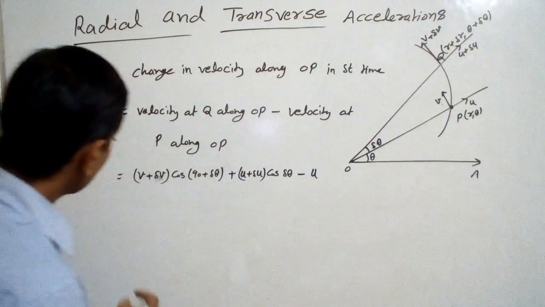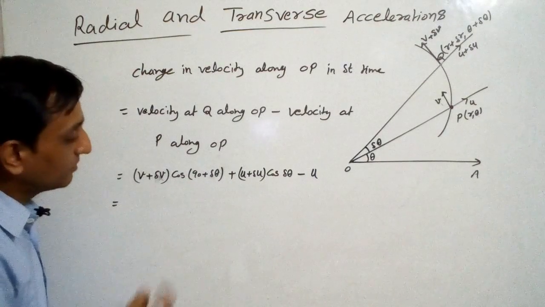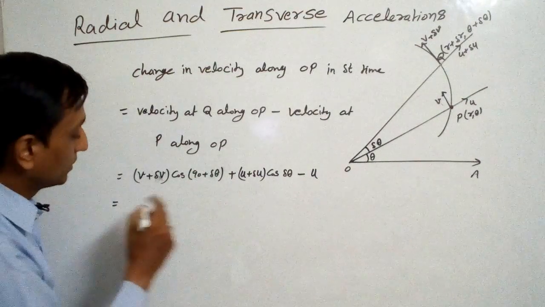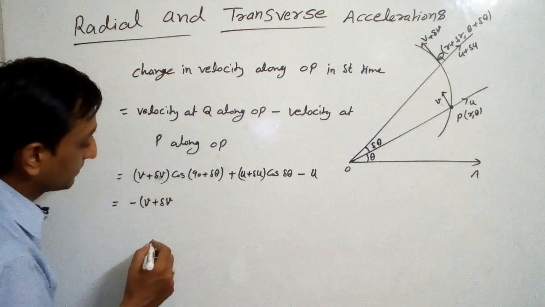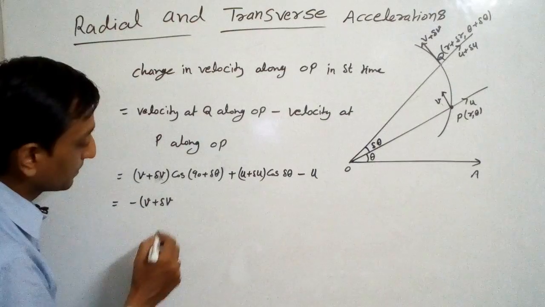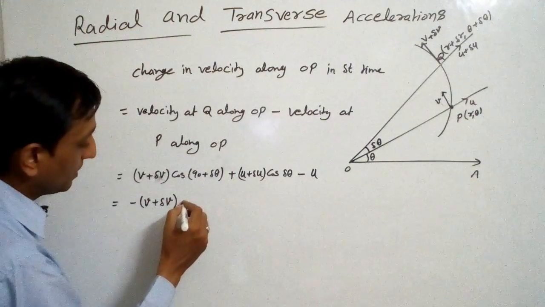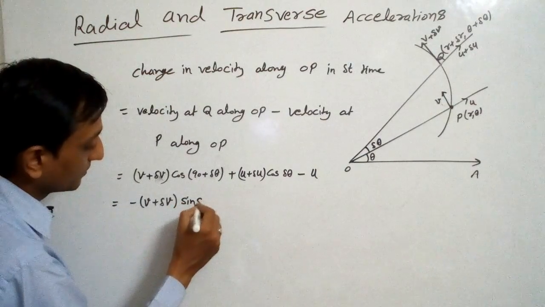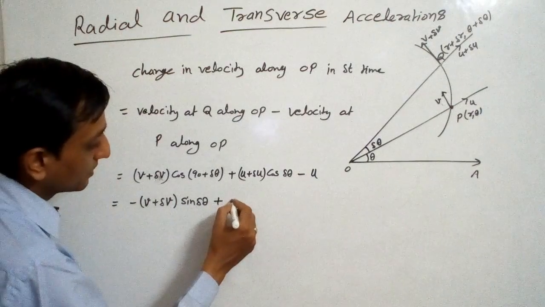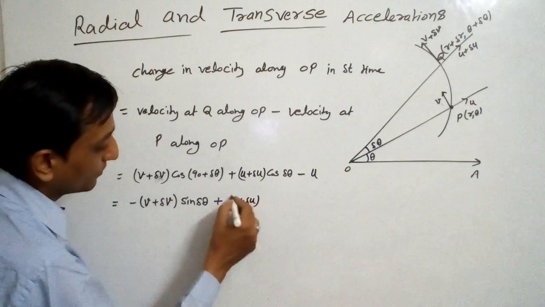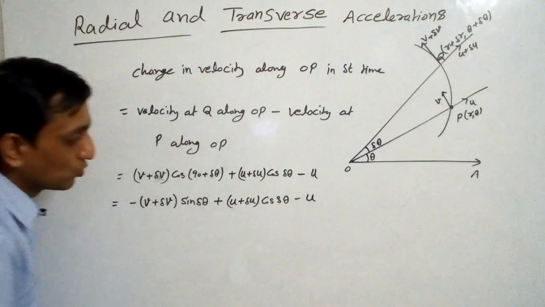So what is the change in velocity? Cos of 90 plus delta theta becomes, cos in the second quadrant is negative, so minus v plus delta v sin delta theta, plus u plus delta u cos delta theta, minus u.